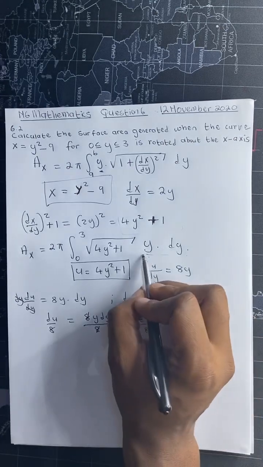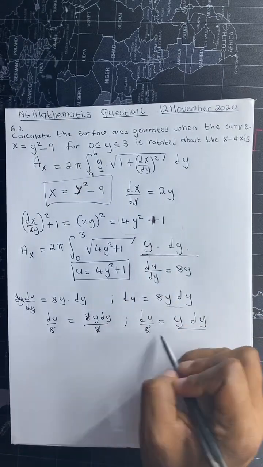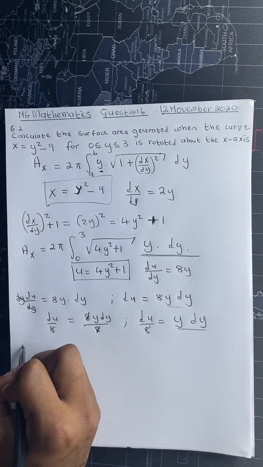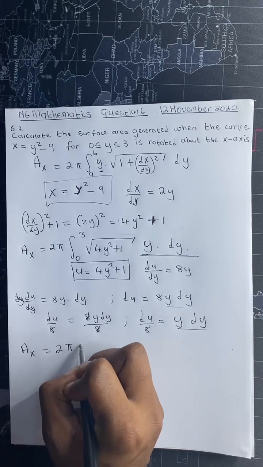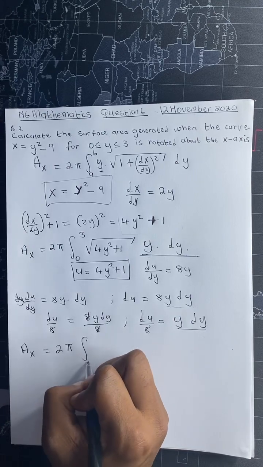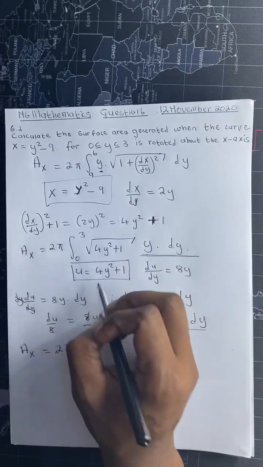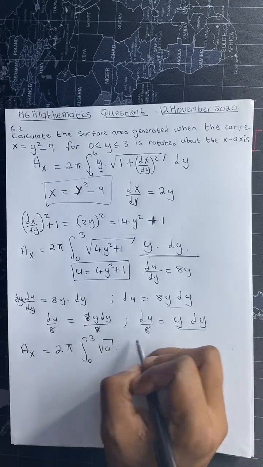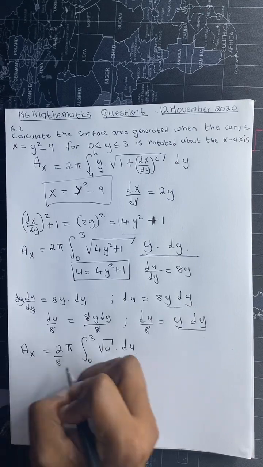So in the place of that y dy, we will substitute du over 8, because du over 8 is equal to y dy. In the place of the 4y squared plus 1, we substitute the u, and in the place of this y dy, we substitute du over 8, but this 8, let's write it there.